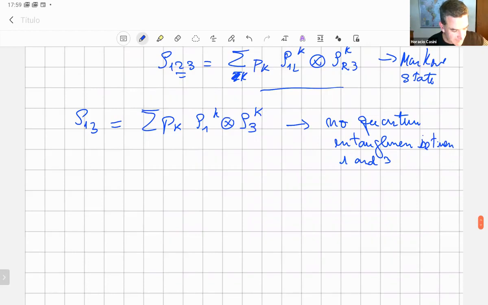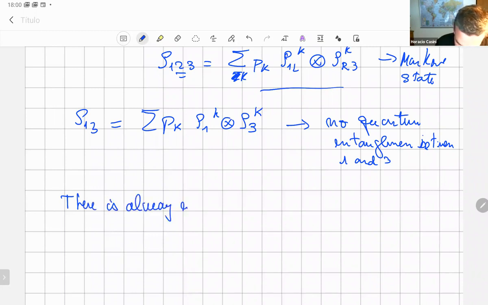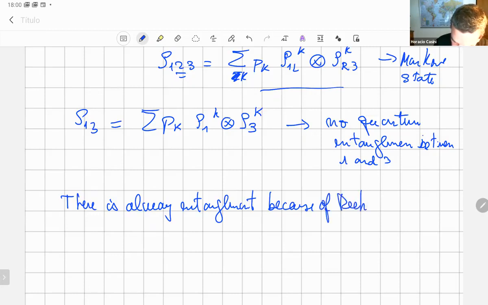Well, this can be said more precisely. In general, there is always entanglement because of the Reeh-Schlieder theorem.